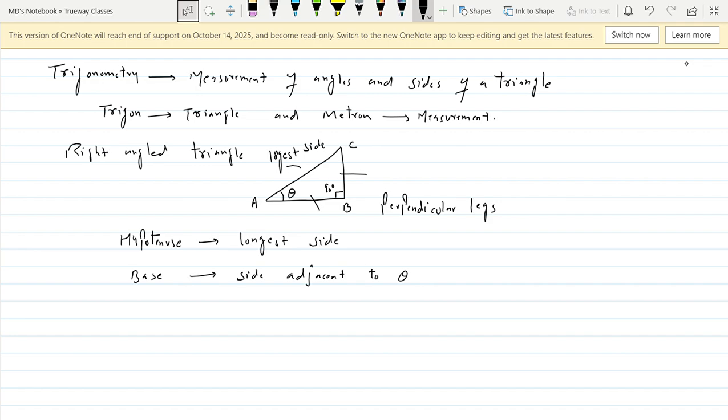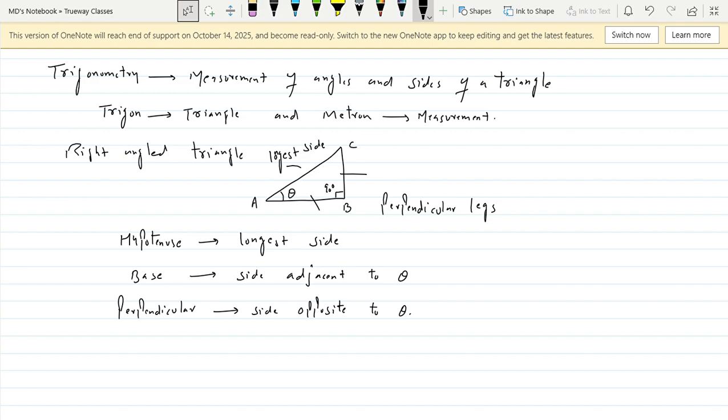The remaining side, the side opposite to this fixed angle theta, is called perpendicular.